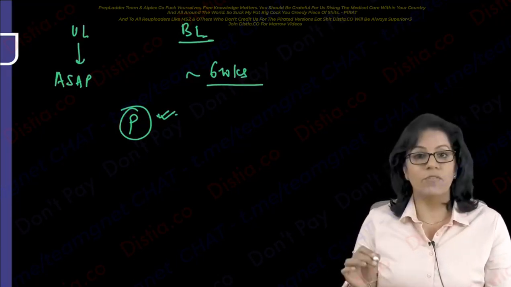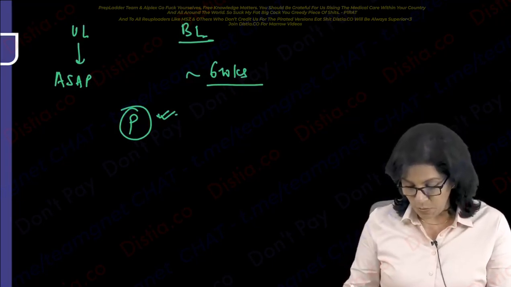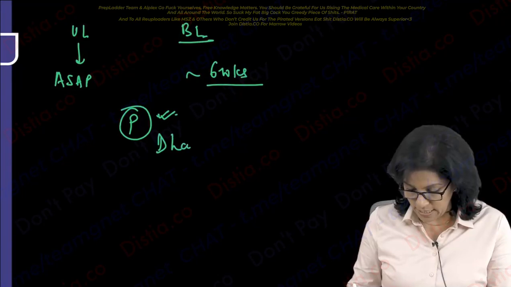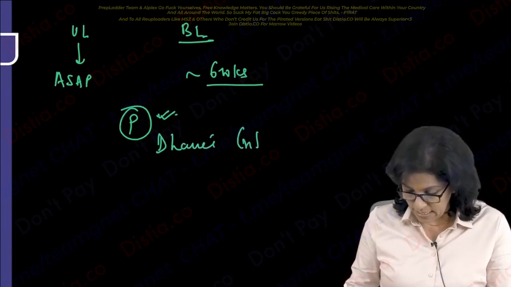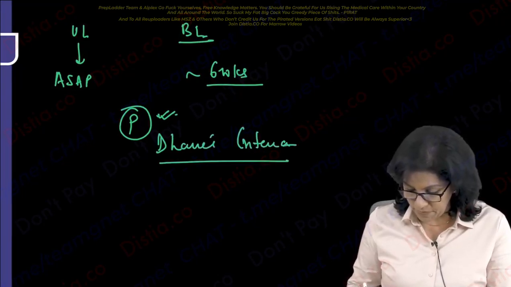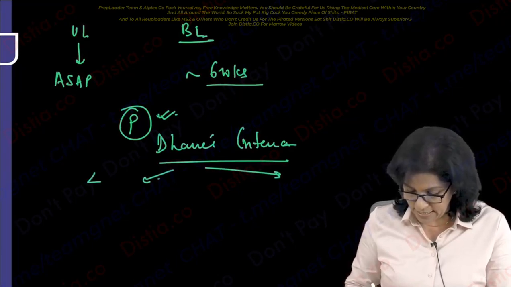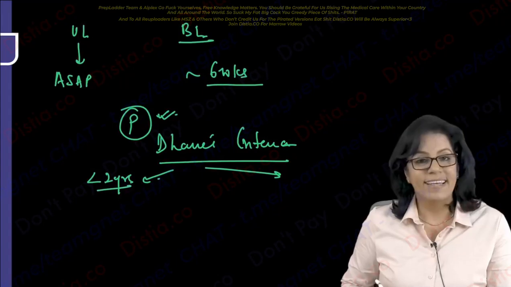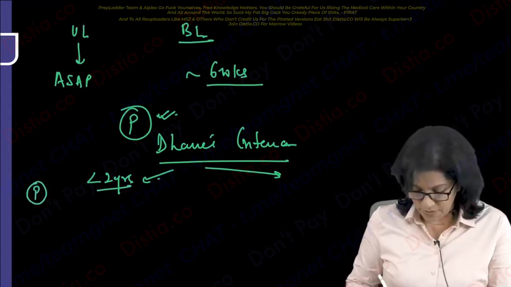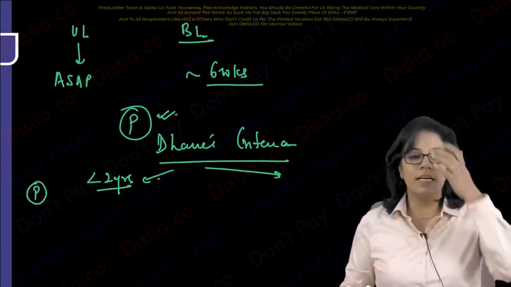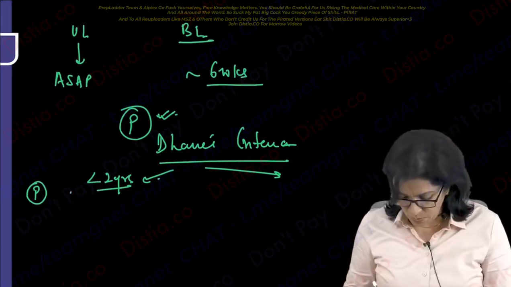So, to take care of that, what do we do? We follow the Dahan's criteria, which says that if the child is less than 2 years of age, whatever IOL power you have calculated, just undercorrect by 20%.